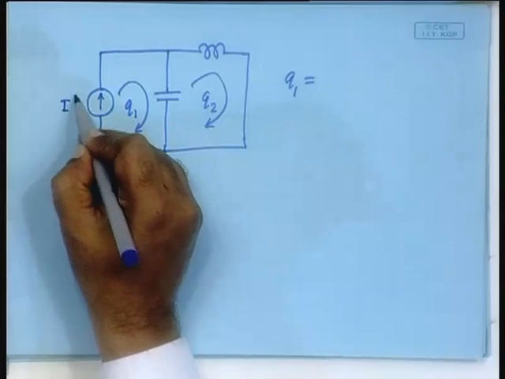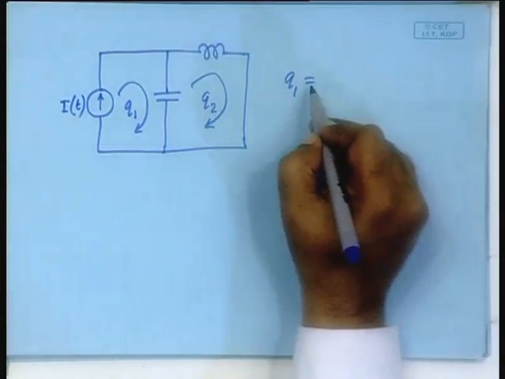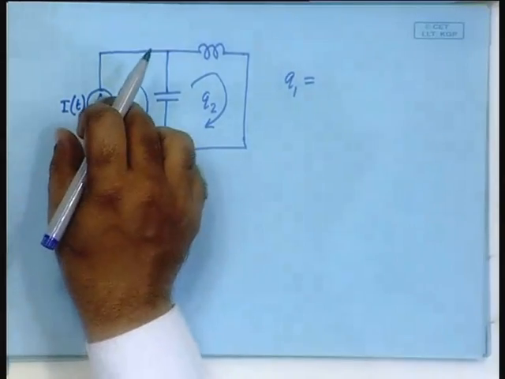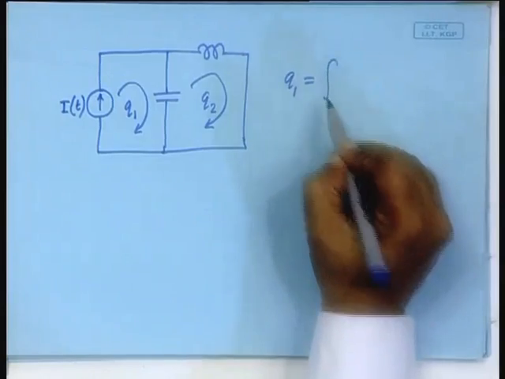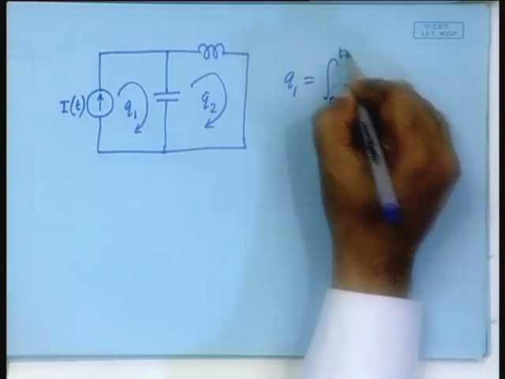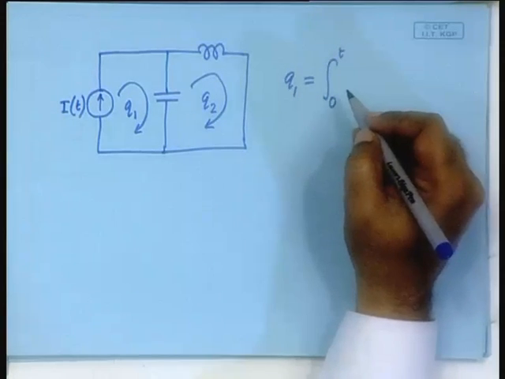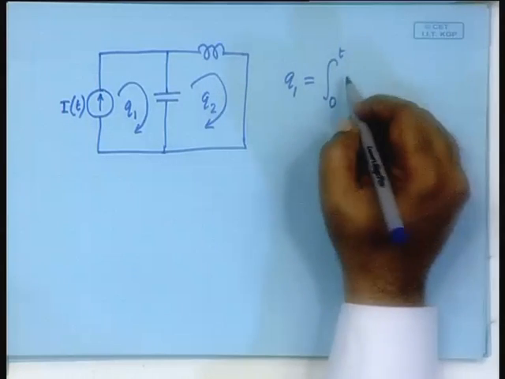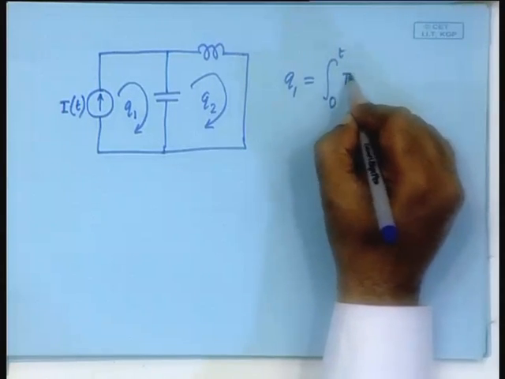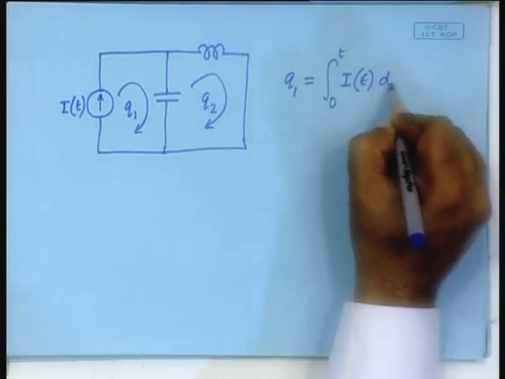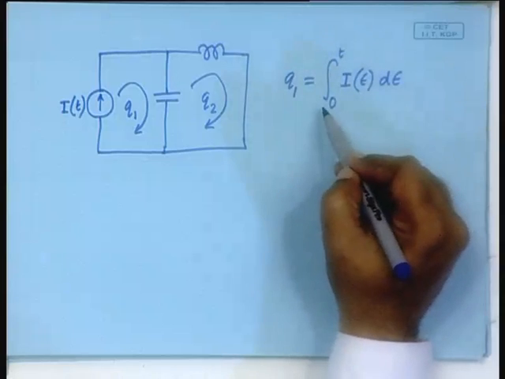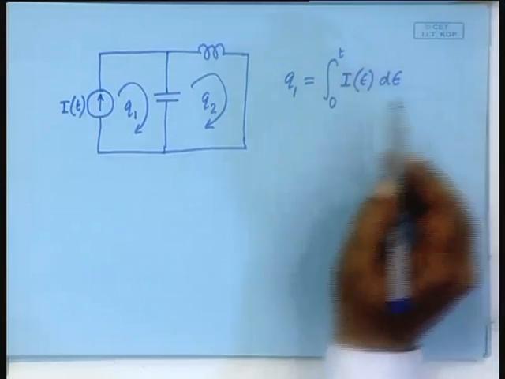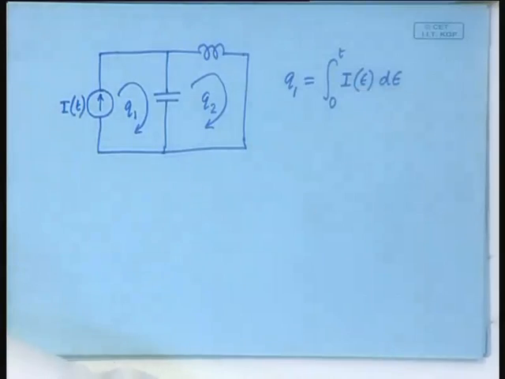So, this is say I of t. It is the integral of the externally imposed current starting from 0 to now. So, it will be the integral from 0 to t; we will have to define some other variable, because here I am writing t. It will be I of epsilon d epsilon. Starting from 0 to now, whatever current has flown, that is the total Q1.